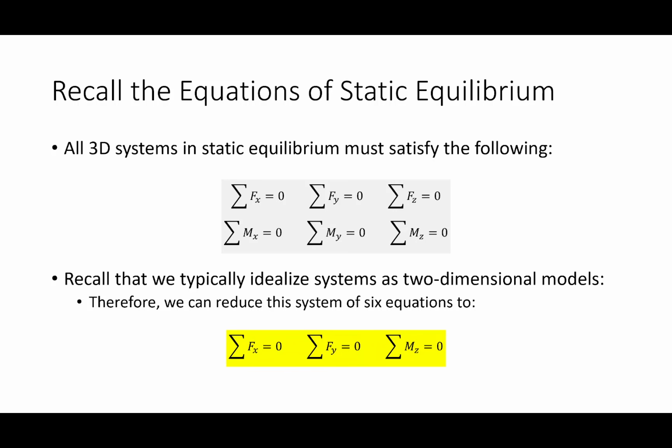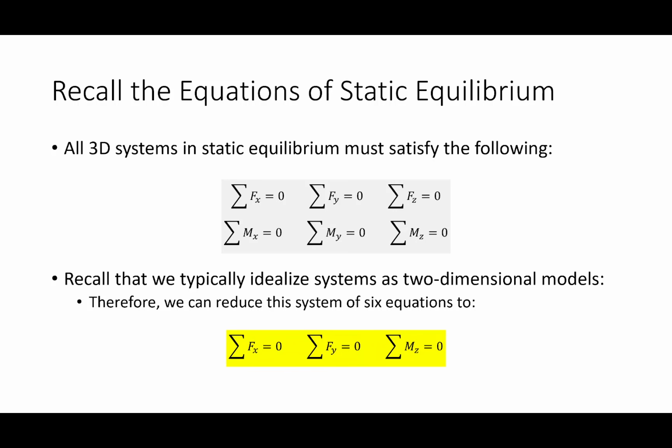But we are going to be using equations of static equilibrium. We're just not going to be doing this using vector notation. We're going to make the analysis tools less cumbersome in here, but we're going to use those tools to analyze more real deal structures. So that's sort of the idea in here. If we just generalize static equilibrium, all 3D systems have to satisfy 6 equations, 3 force equations and 3 moment equations.